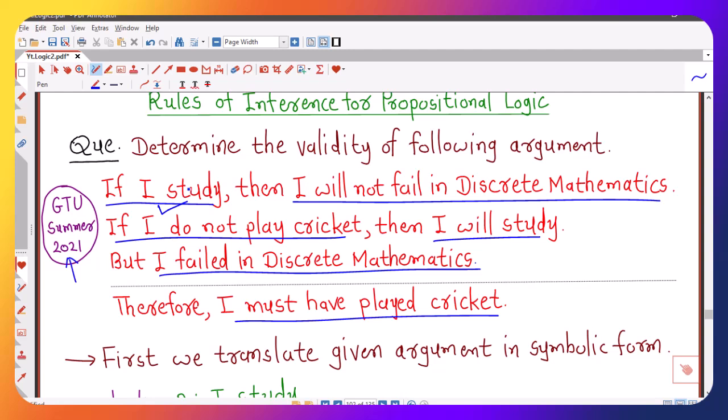One is I study, another we can consider as I will fail in discrete mathematics, and next we can consider as I play cricket. So we can denote I study by small p. We can denote I will fail in discrete mathematics by q, therefore this is negation q, and we can denote I play cricket by r, therefore this is negation of r.